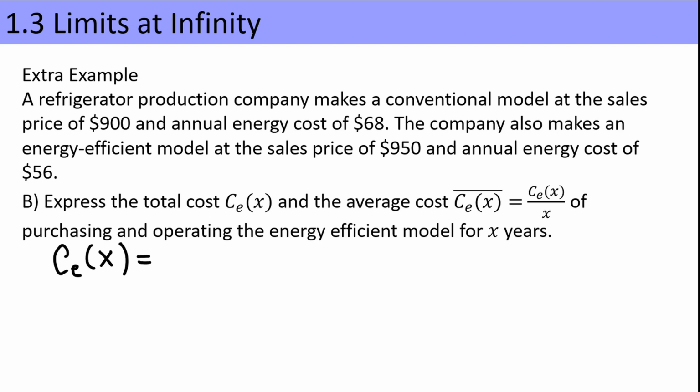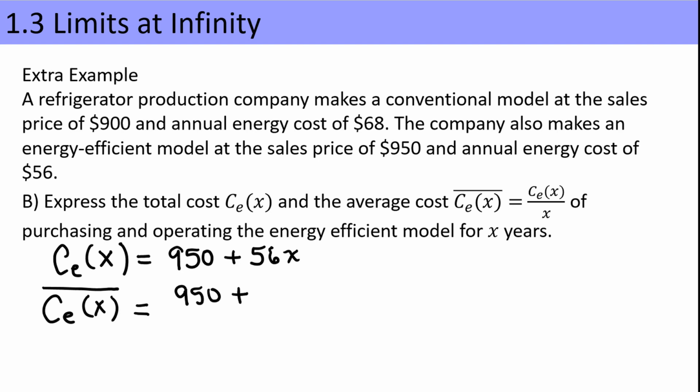To purchase an energy efficient model, the price is $950, and for each year you own it, it will cost you $56, so 56 times x. Now let's compute the average cost, which will be the ratio of 950 plus 56x divided by x.